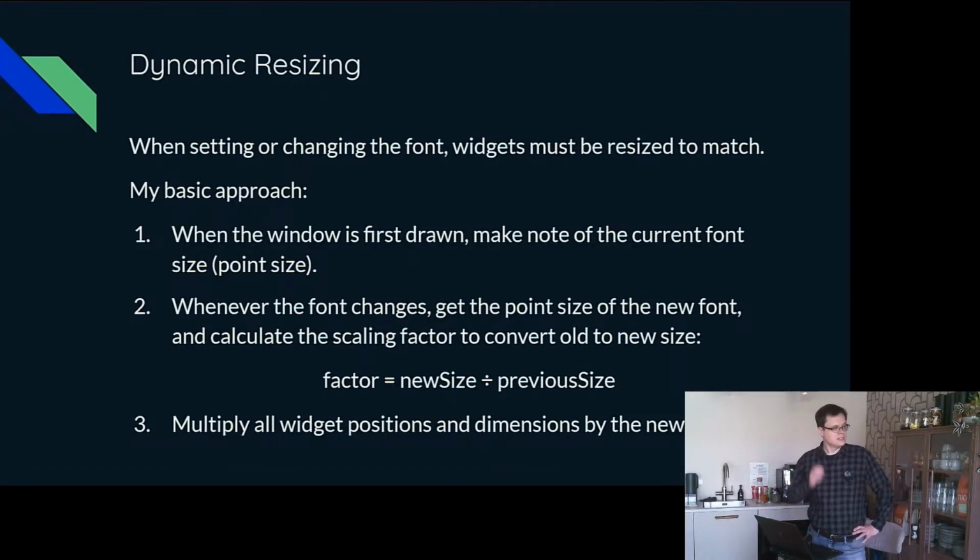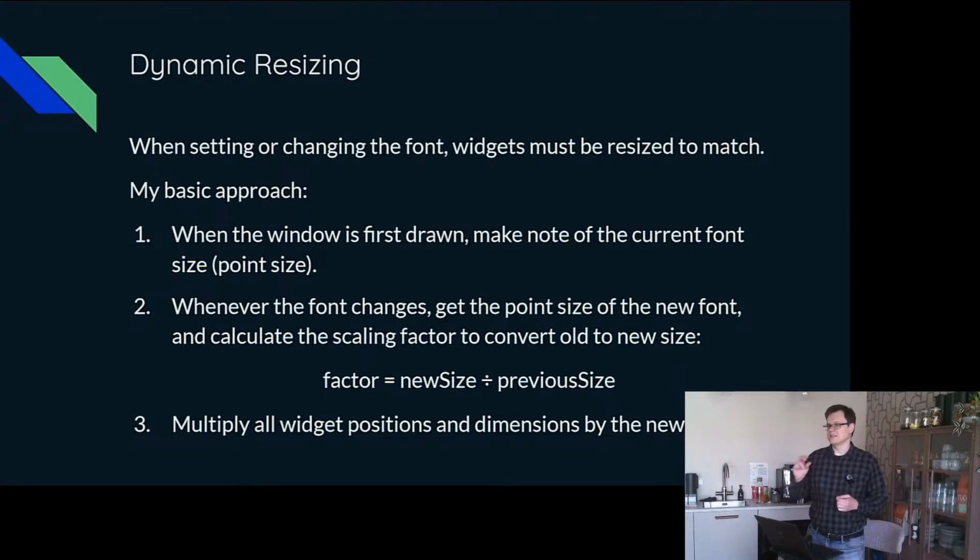Then whenever the font changes, you need to get the point size of the new font and calculate a scaling factor to convert between the old font size and the new font size. So let's say my default font is 10.Helvetica, and the user decides to configure a different font, like, I don't know, 12-point System Proportional.